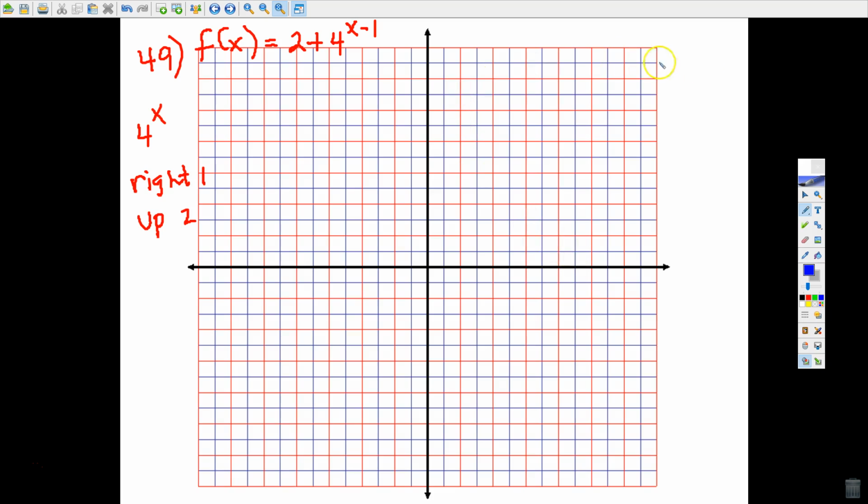Okay? Once again, I'm going to start with this function. Just take out what is the parent and do a little table. 0, 1, 1, 4, -1, 1/4. All right, plot those 3 points. So this is classic exponential growth.